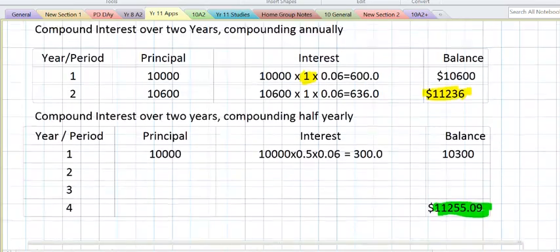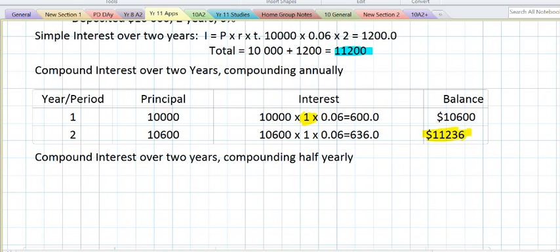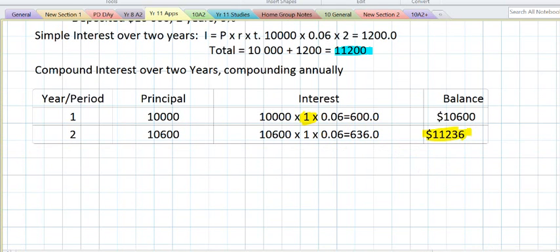So if we look at our first table and we want to do it without using the table, then we have future value equals present value times 1 plus I, to the n.